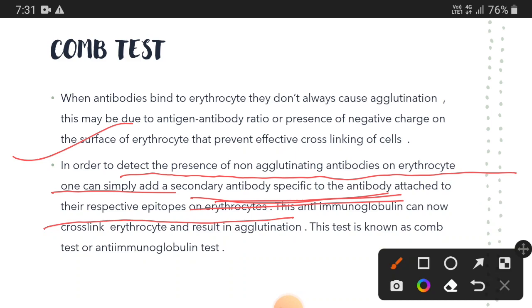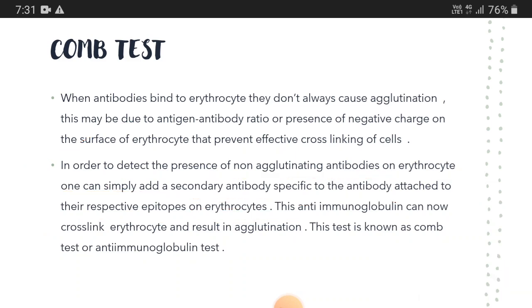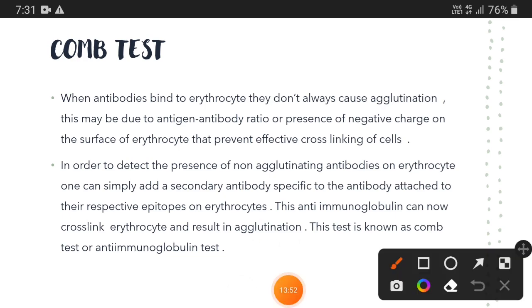So we all know, if human antibody is injected into another species, then in that species that particular antibody will be immunogenic and leads to the formation of antibody that will be specific for that particular antibody. Okay, and in most cases those secondary antibodies that are specific to primary antibody bind with the Fc portion of the primary antibody.